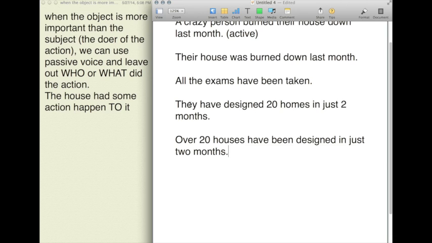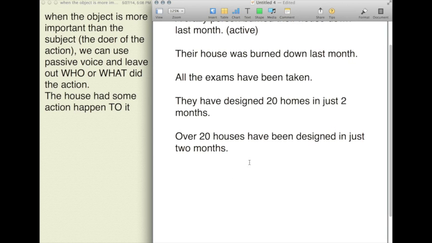So if we're talking about these people, they, them, then we can say they have designed 20 homes. If we're talking about the number of homes, we can say over 20 houses have been designed in just 2 months. So that's when it's more useful.